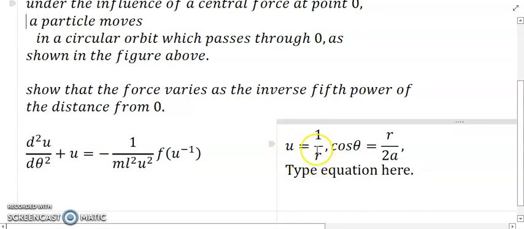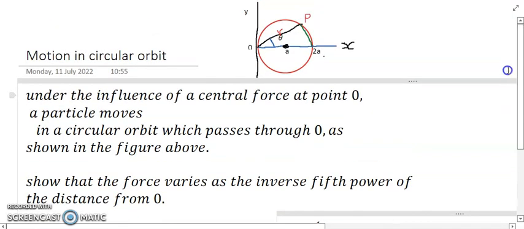And from the diagram, we're gonna construct the equation for R. This is the hypotenuse side and this is the adjacent side.